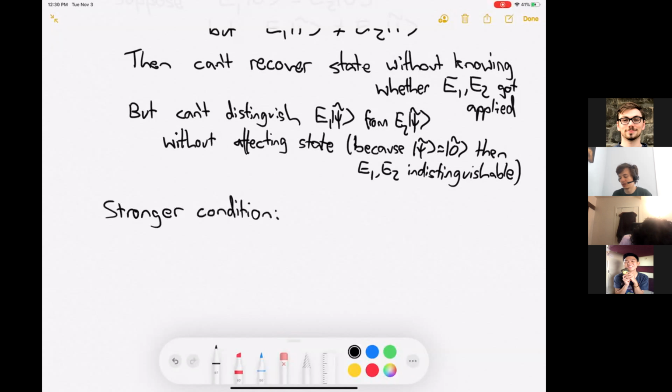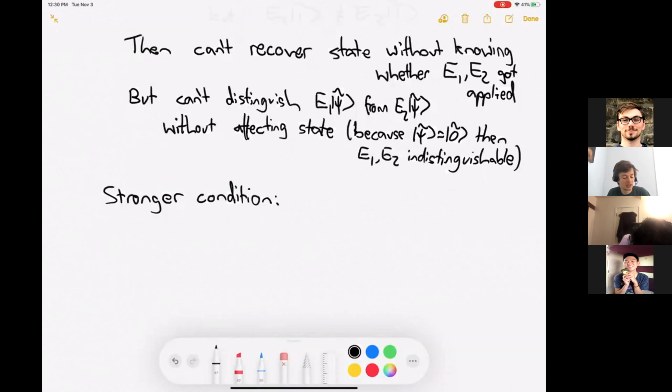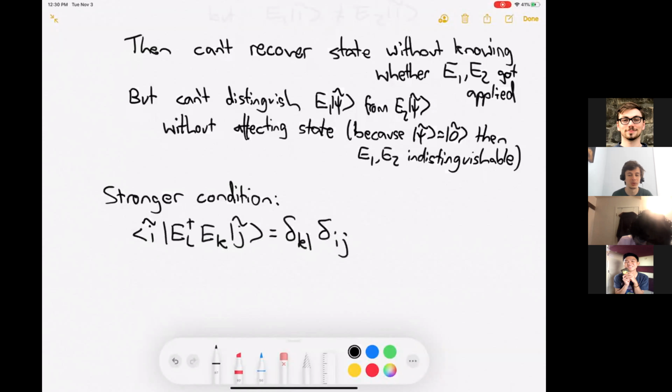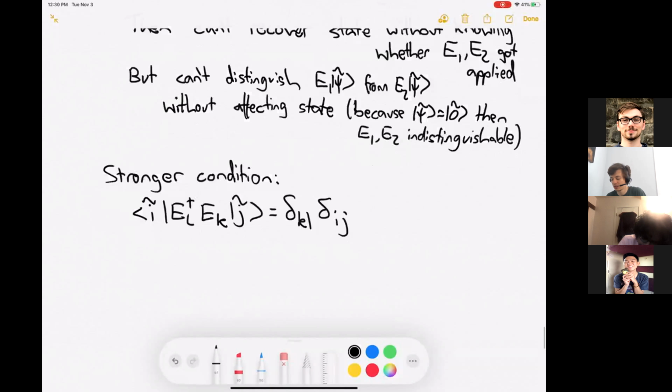The natural thing to ask for, so we don't have to worry about any of this, is that not only is this 0 if I is not equal to J, but it's also equal to 0 if K is not equal to L. So each error just puts the state in a completely orthogonal space. Then we don't have to worry about any of these issues.